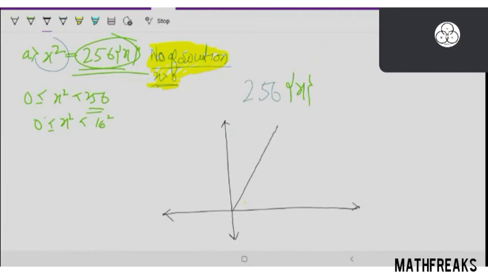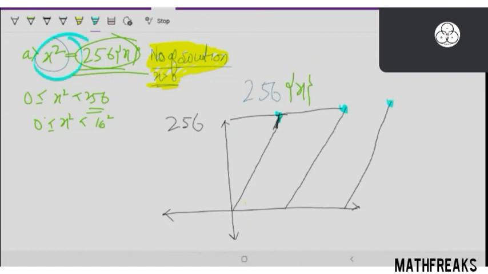This value is 256. Here the graph is discontinuous.